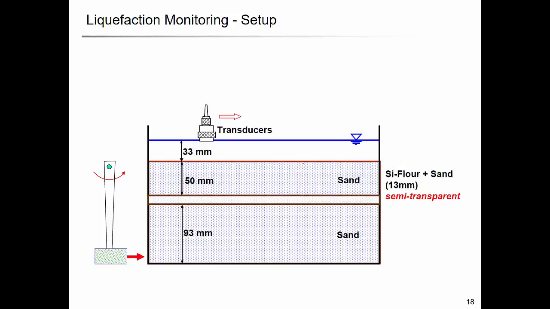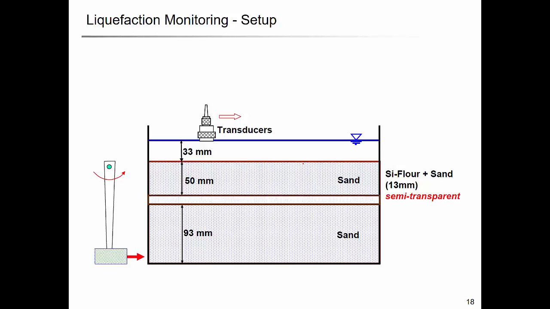One example of the use of the ultrasonic transducer is this. You have a soil chamber. How big is it? About 20 centimeters, I think.